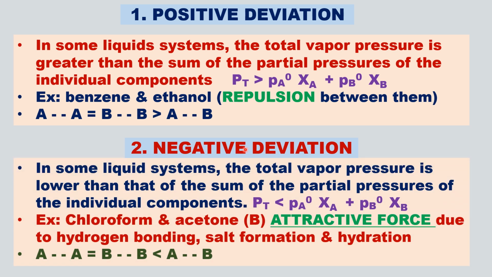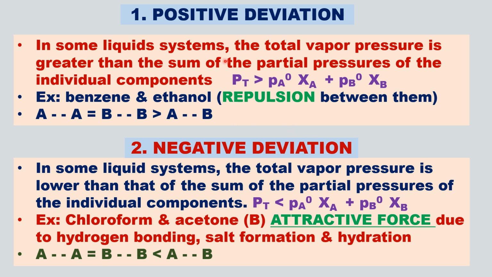Let us now see negative deviation. There are solutions which show negative deviation. In such cases, the total vapor pressure is lower than the partial pressures of the individual liquids A and B. For example, chloroform and acetone.